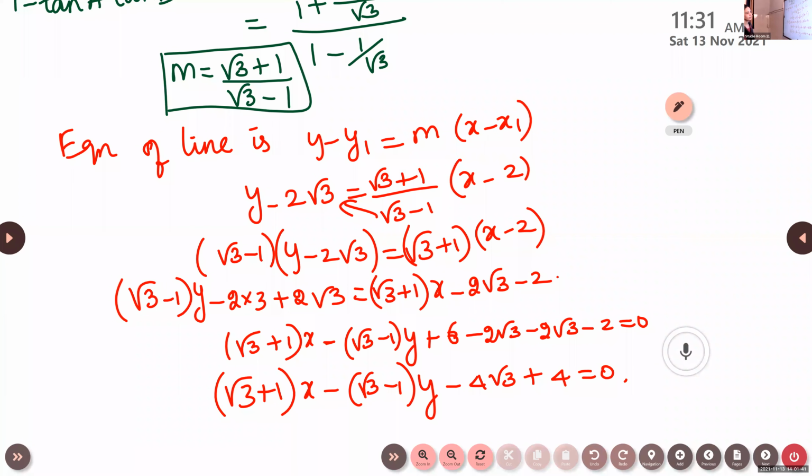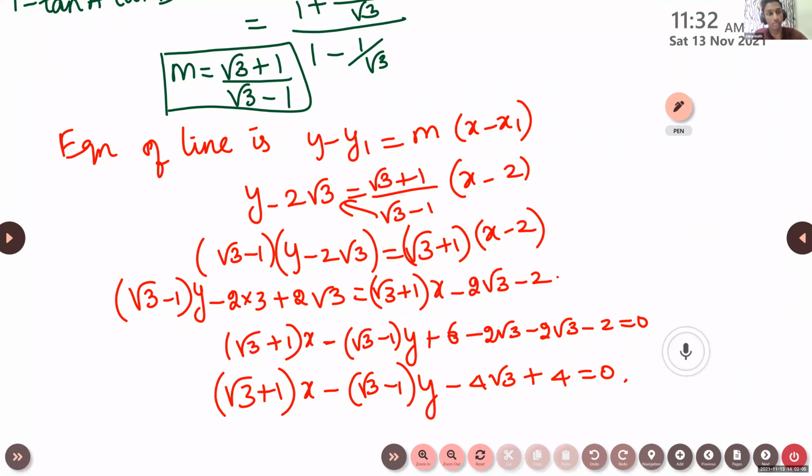Give the answer. Should we simplify further? No need. We can't simplify it, isn't it? What is the final answer you got?